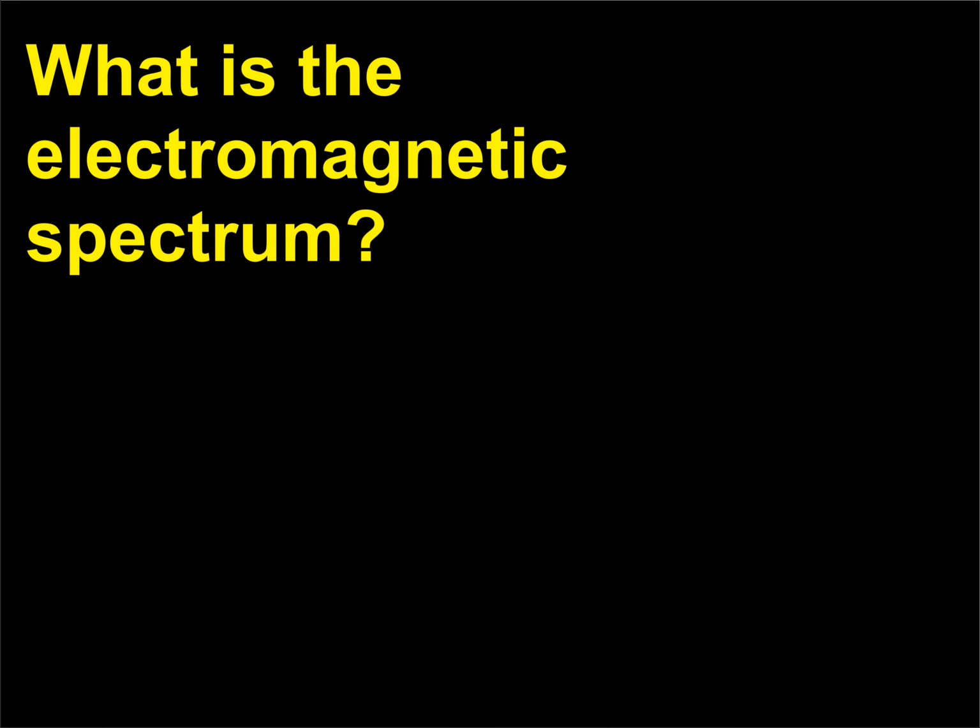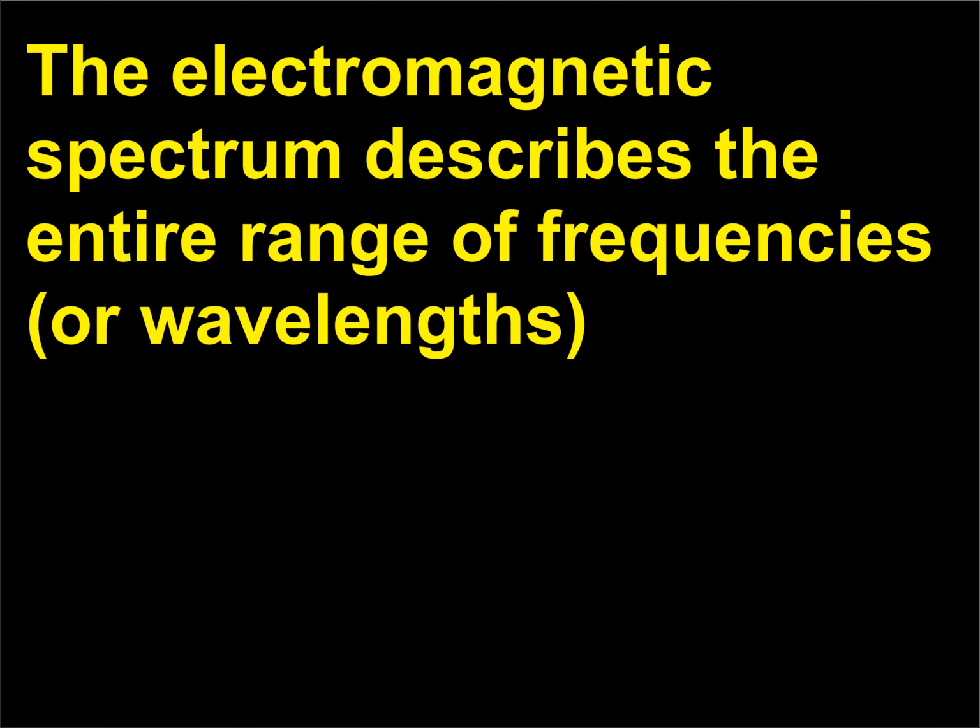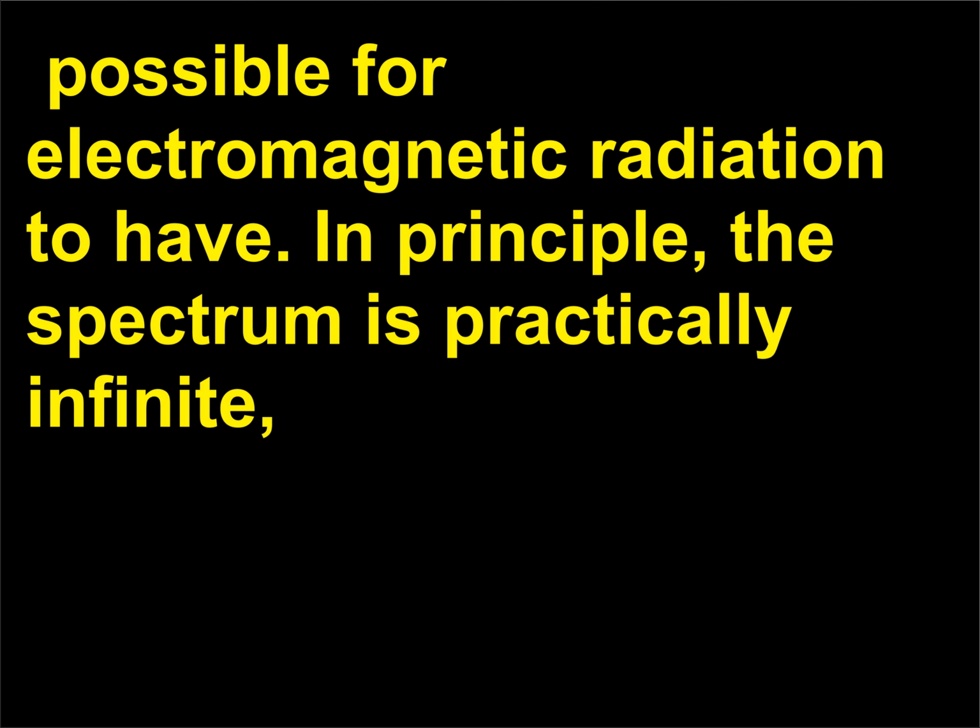What is the electromagnetic spectrum? The electromagnetic spectrum describes the entire range of frequencies, or wavelengths, possible for electromagnetic radiation to have.